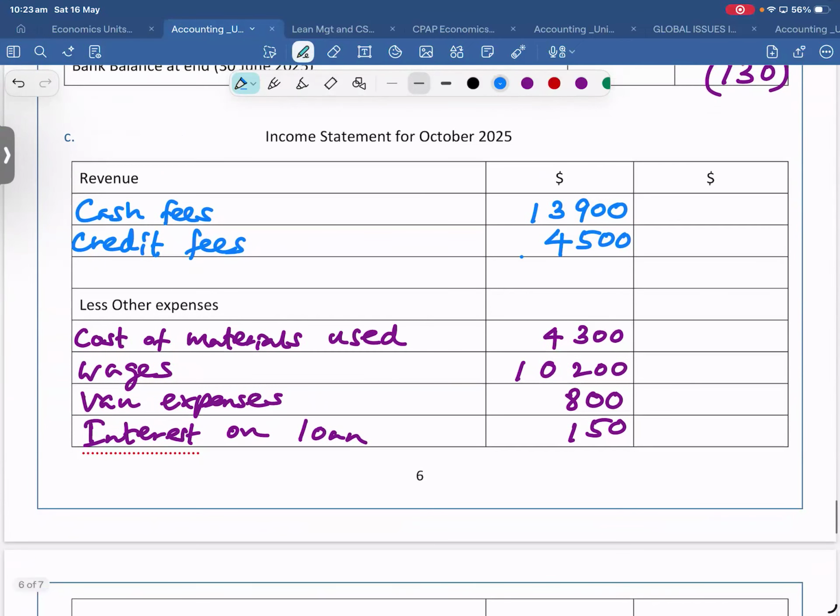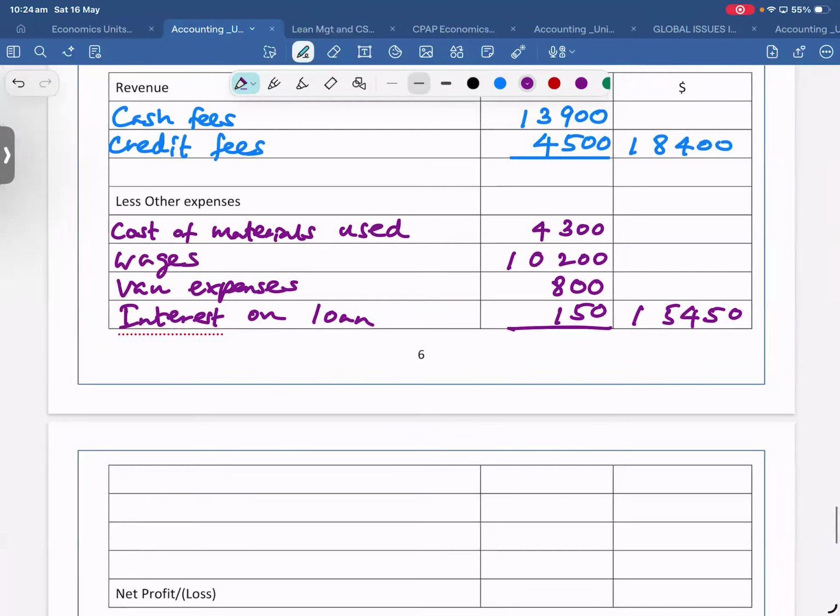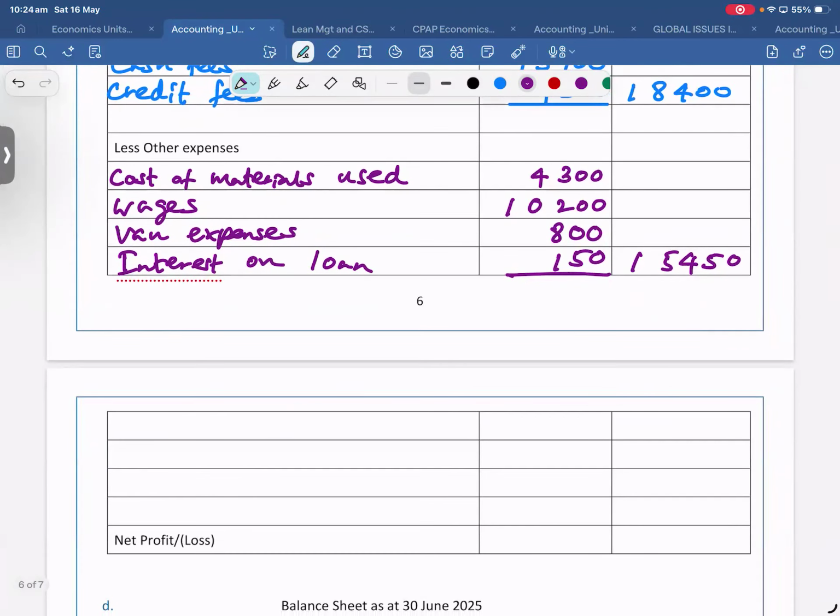So what's the total revenues coming to? 18,400, and then total expenses coming to 15,450, right? Again, we don't use brackets or anything. So we get the difference, which is a profit, 2,950.